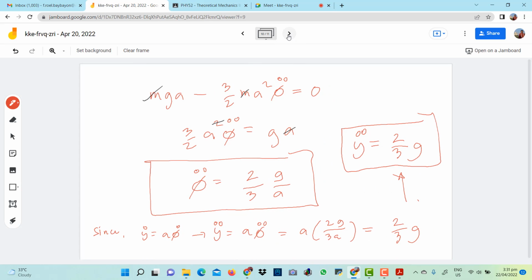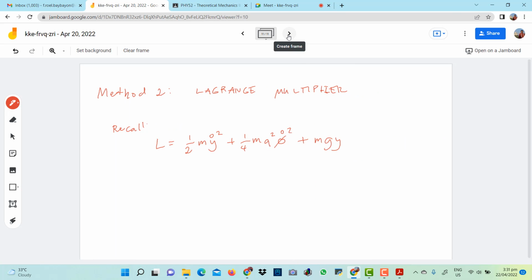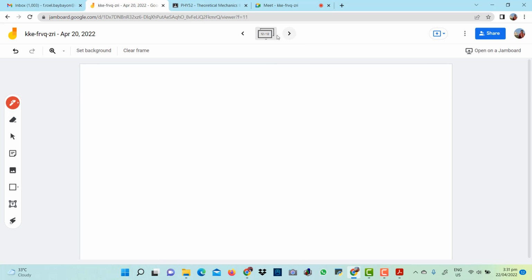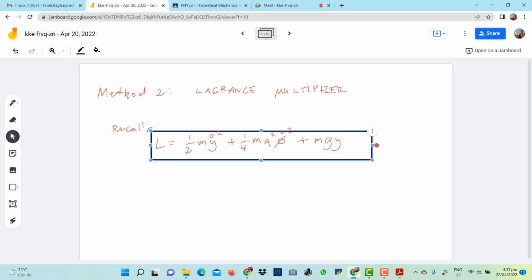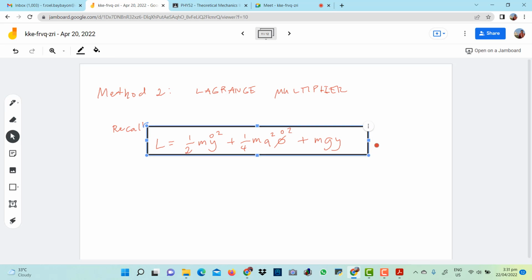Sa Lagrange multiplier, instead of using the equation of constraints and then incorporating it to the Lagrangian, you have to incorporate it to the Euler-Lagrange equation. Take note, this is my L. And then, take note the equation of constraint.